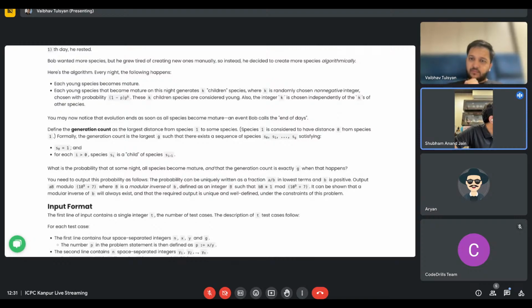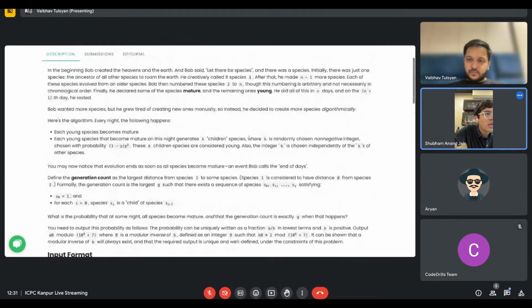And child meaning chronologically later, I assume. Did we define child? Oh, the child is the algorithmic new species, the child would be the newborn.